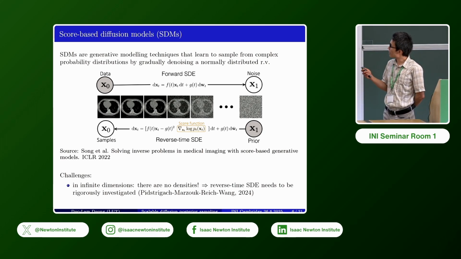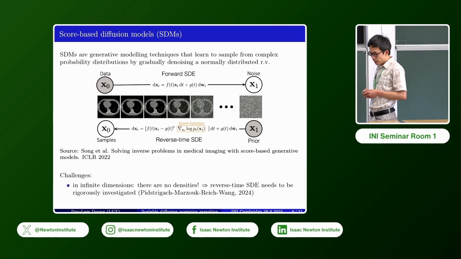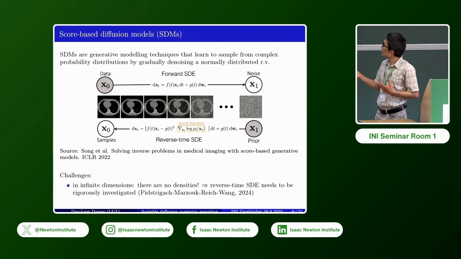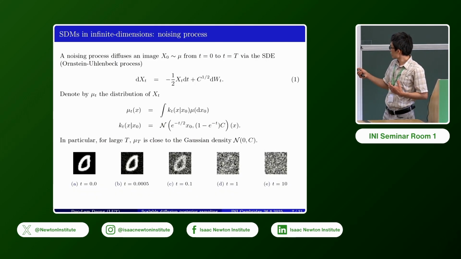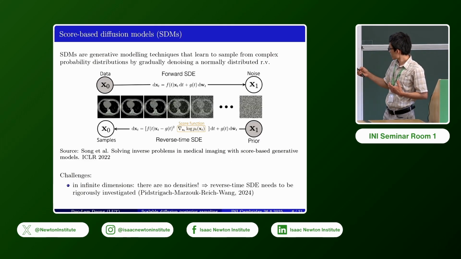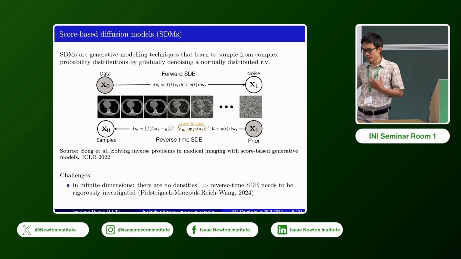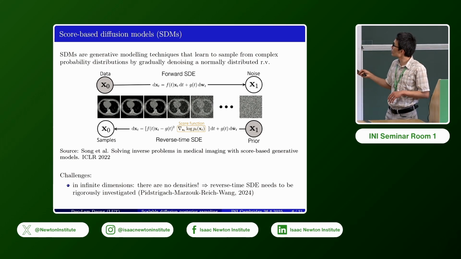On top of that, because we are formulating our problem in infinite dimension, we run into the problem of defining this score function in a way that it is well defined when we don't have any densities here. Because in finite dimensions, you can always define a density with respect to the Lebesgue measure.